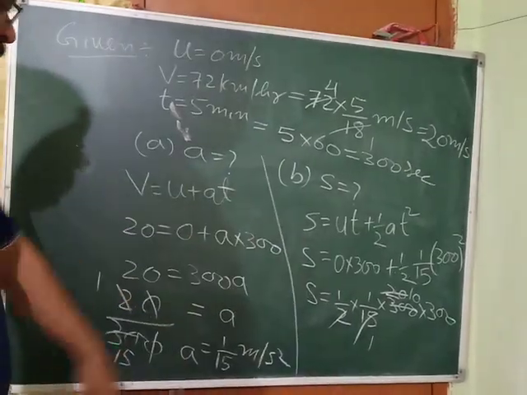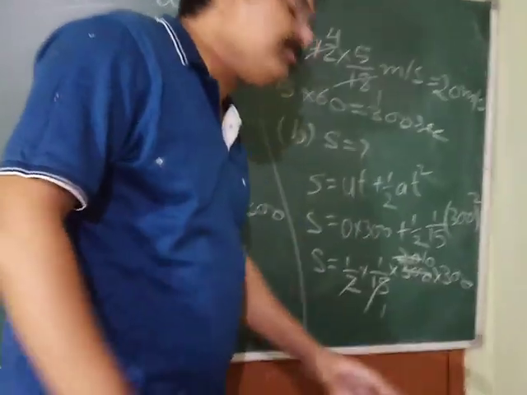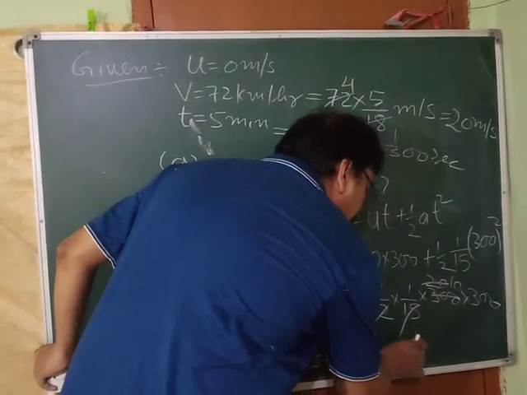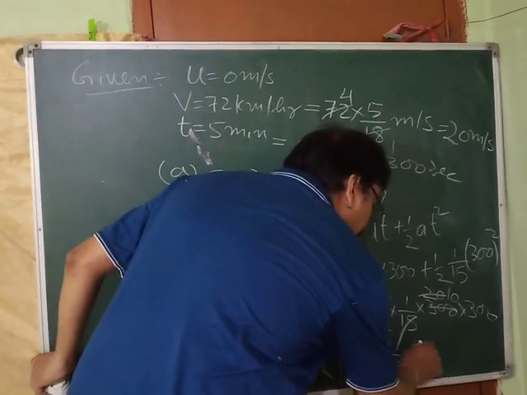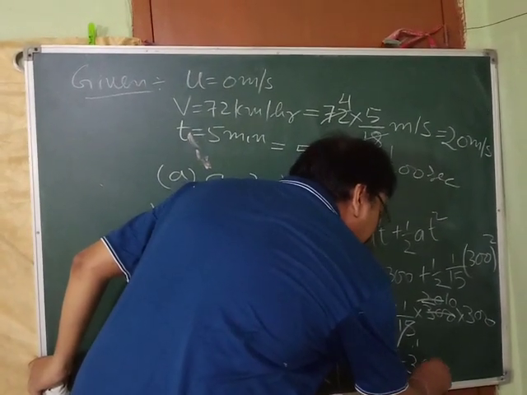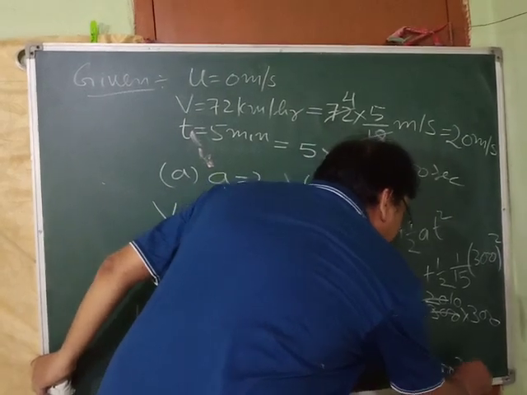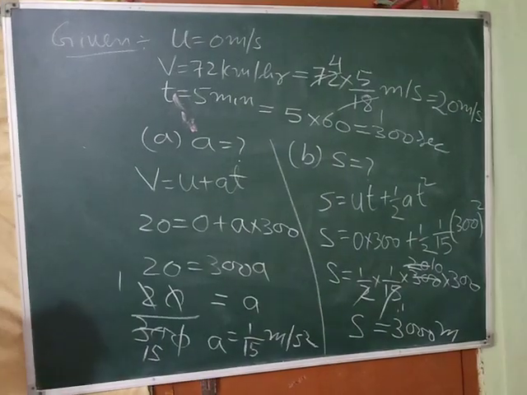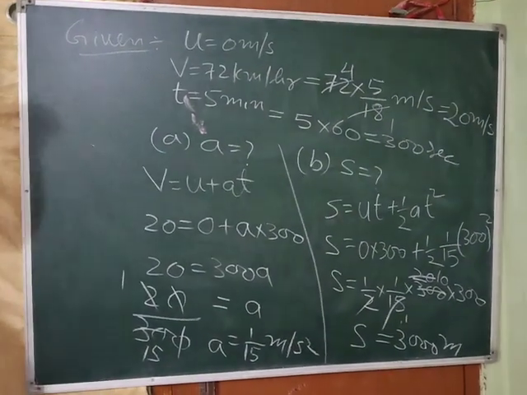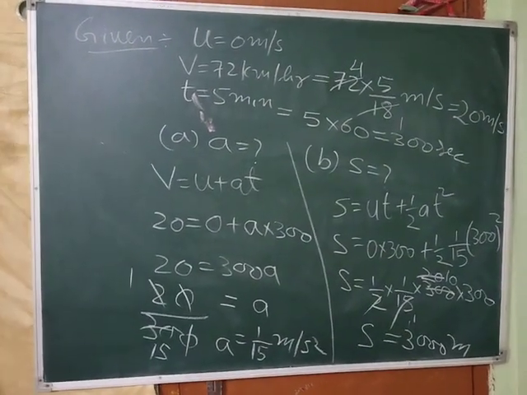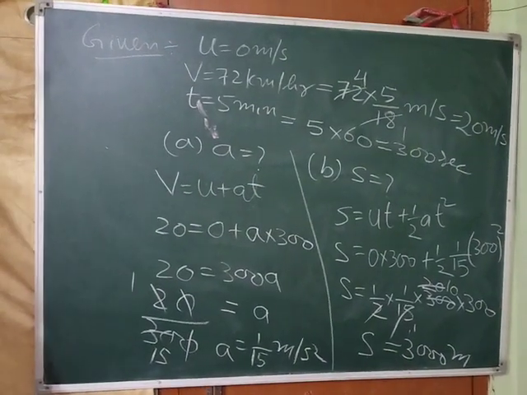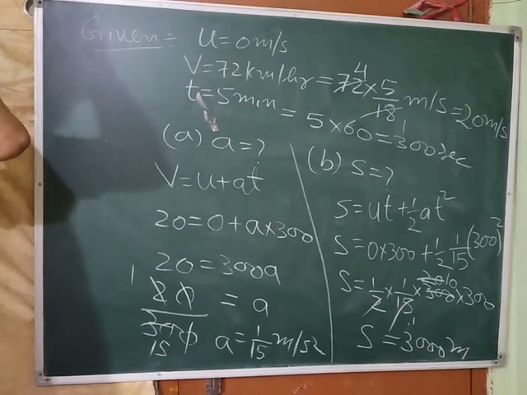The 10 is left. 10 into 300 is how much? 3000 meter. That is your displacement. Displacement is 3000 meter. So we got the displacement, and here we have got the acceleration. Both the quantities we got, hence the question is solved.